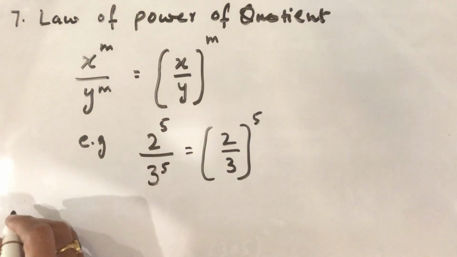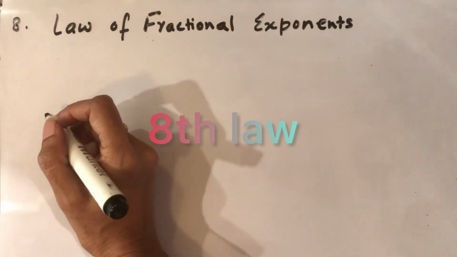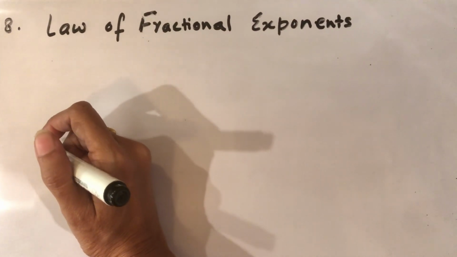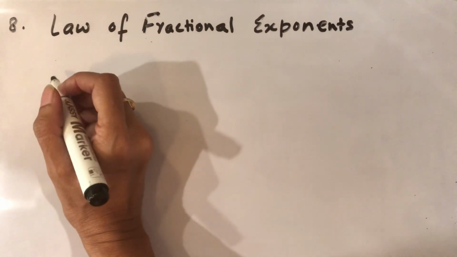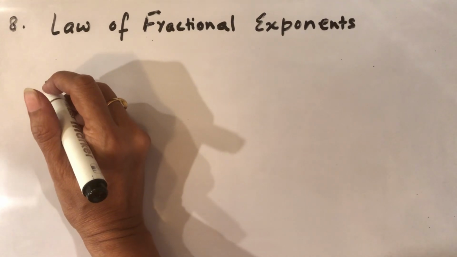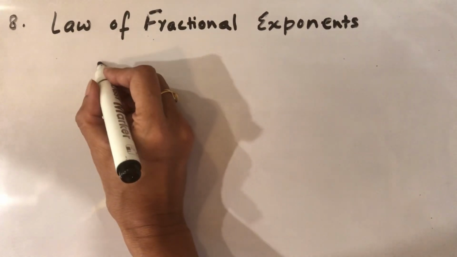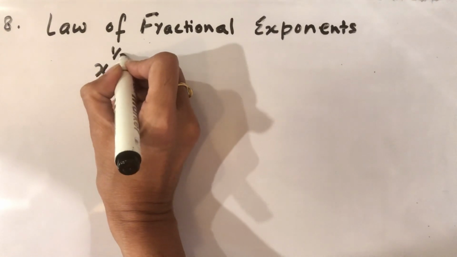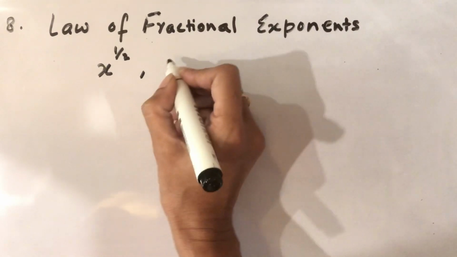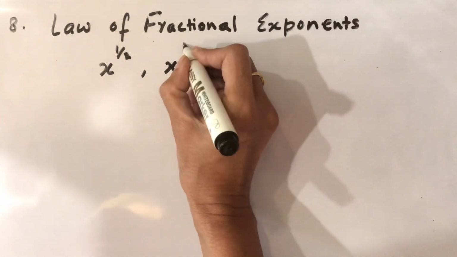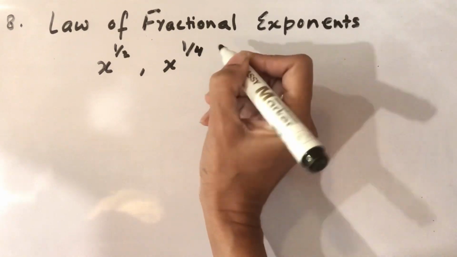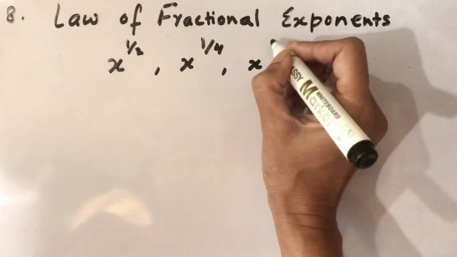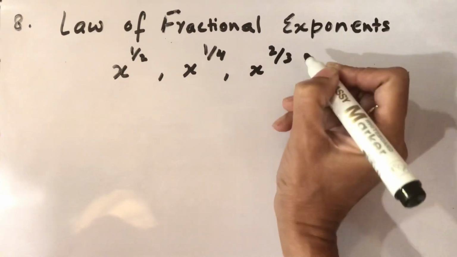Next, law of fractional exponents. If the base has a power in fraction form, for example, x with power 1 over 4 or x with power 2 over 3.